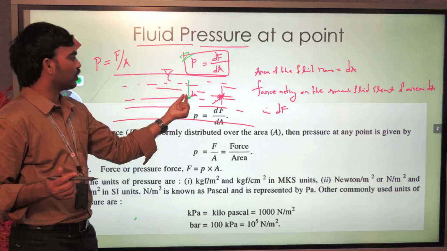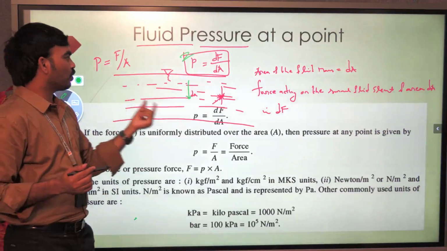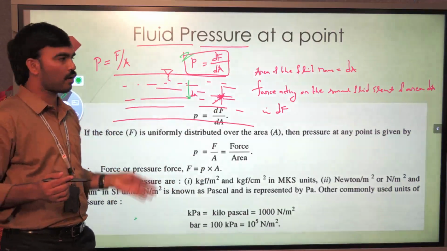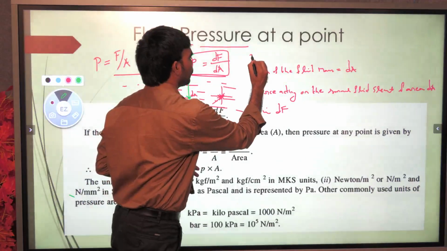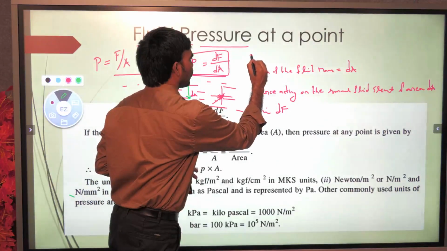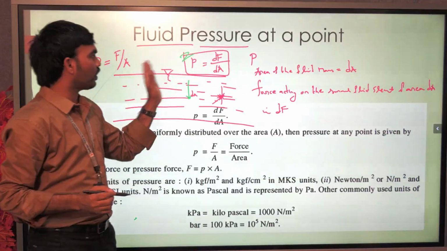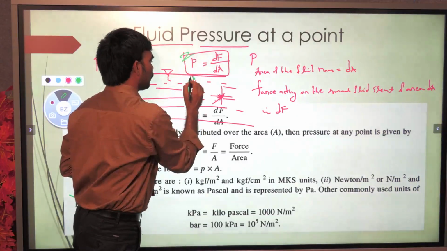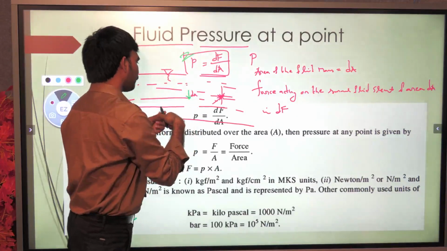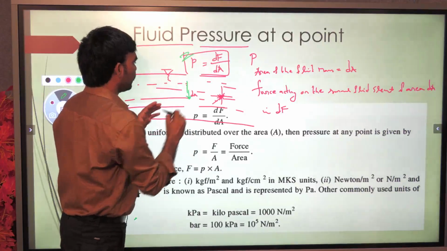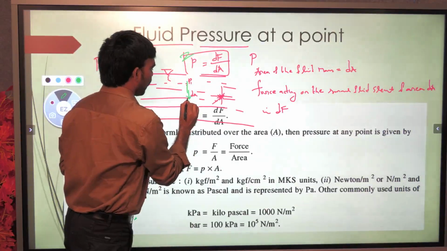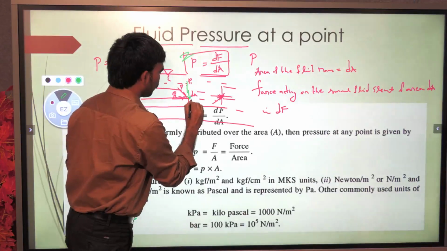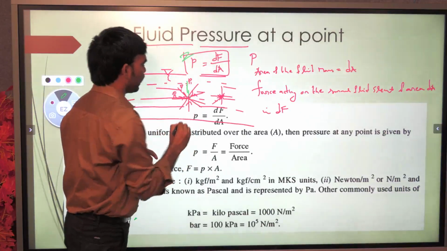Now this is for a small fluid element. What if the force is acting on the fluid element uniformly all over the surface? Then what is the pressure? For example, this is P1, and another pressure is acting on this fluid element, P2, P3, P4, P5, P6, P7, P8, P9.